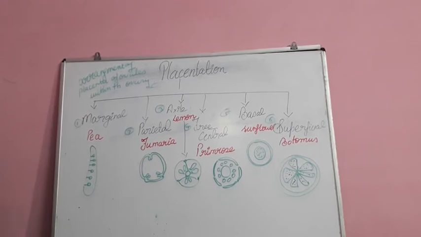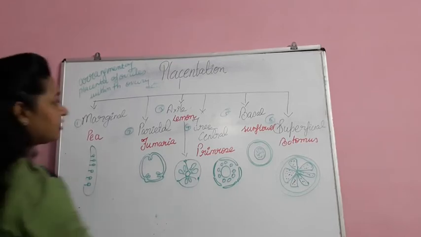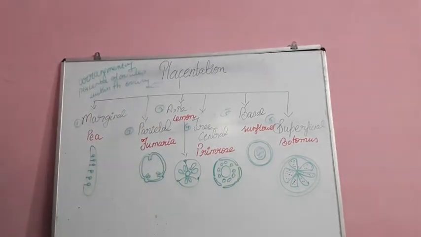Next one is the basal, which you can see in sunflower. In sunflower you can see easily that the arrangement happens on the disc, and this kind of placentation is where the pistil is multicarpellary and syncarpous with a unilocular ovary, right?